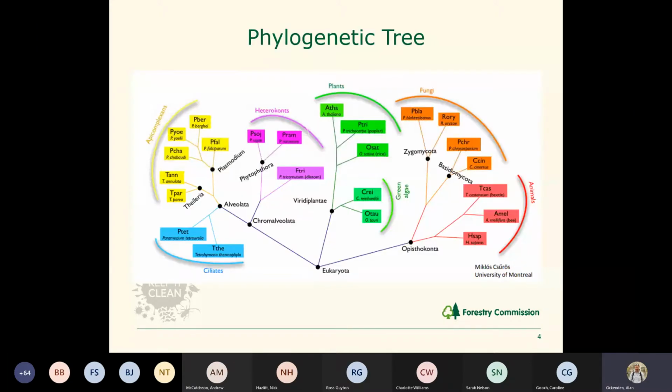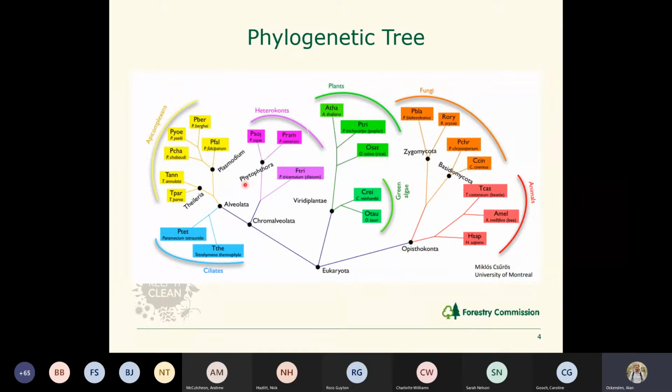So we'll get into ramorum. Again, for those of you yesterday, this will be a bit familiar. I thought I'd take a moment to describe where Phytophthora sits with regards to evolutionary branches within the phylogenetic tree. Over on the right hand side, you can see we've got animals, so us, fungi, the true fungi where you're thinking about mushrooms and toadstools, through to plants and green algae, and then this unusually named heteroconts group.